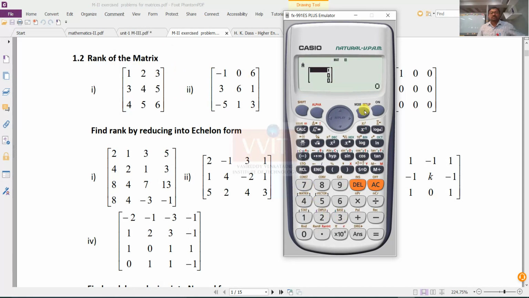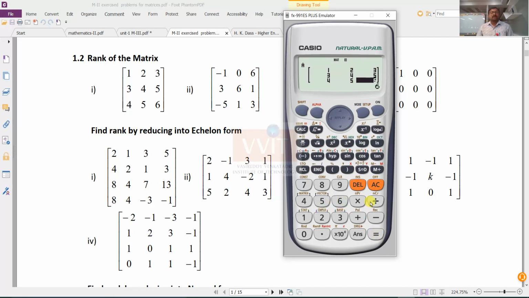I made a mistake here. 6, matrix 1, 3 by 3 means option 1. So 1, 2, 3, 3, 4, 5, 4, 5, 6.